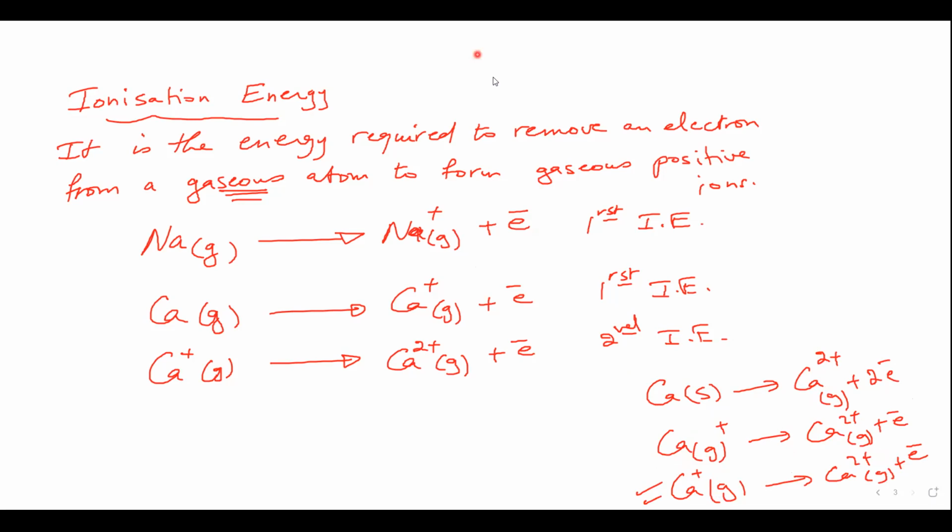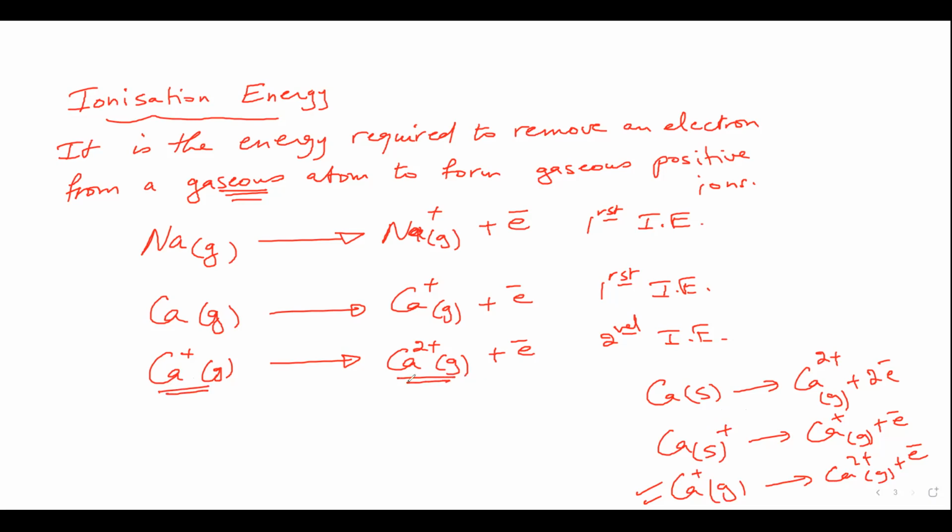Here, for example, if we have calcium solid forming calcium +1 or whatever, even if this is a positive charge, it doesn't matter. But what we are going to choose is the one having calcium positive ion forming calcium +2 ions in the gas state.